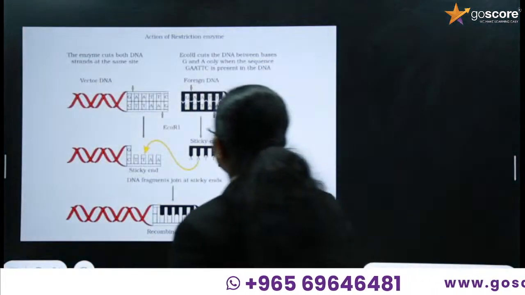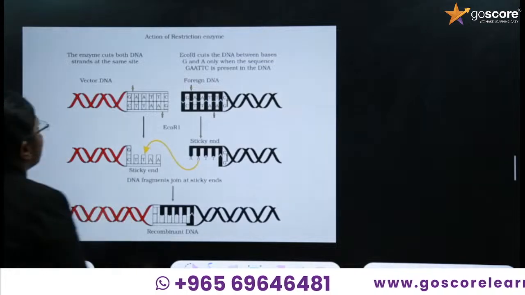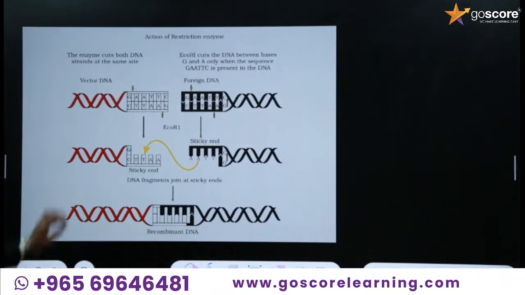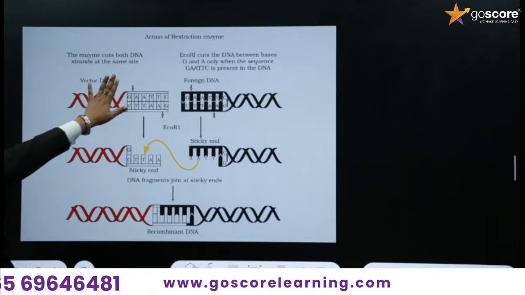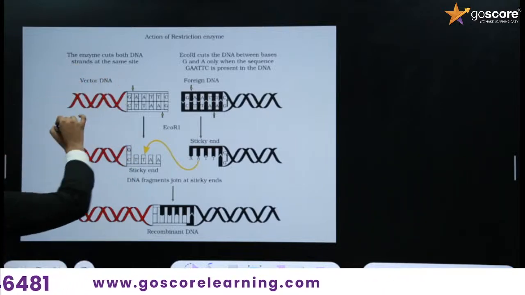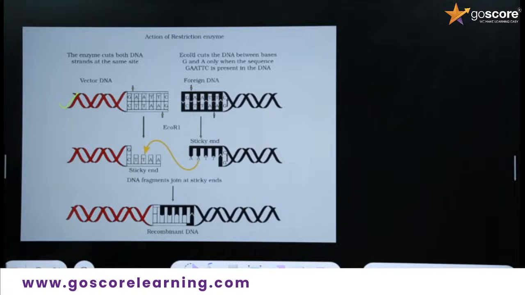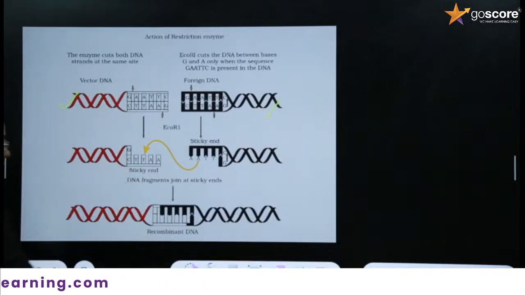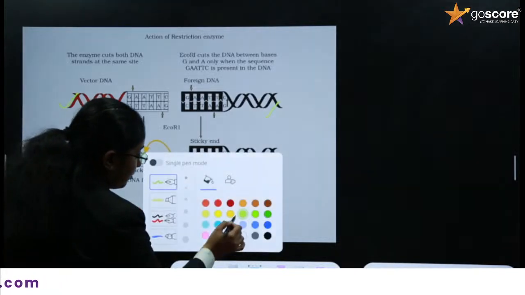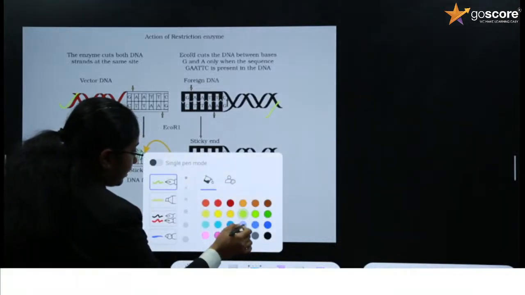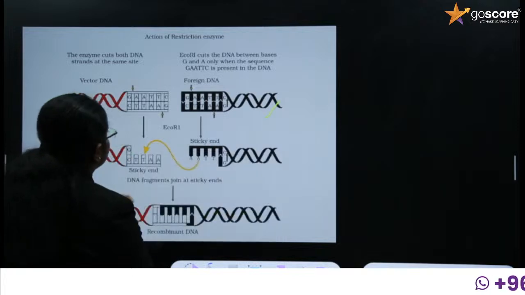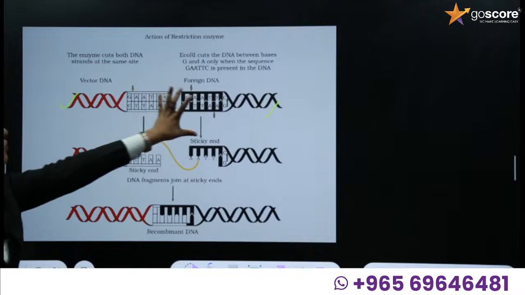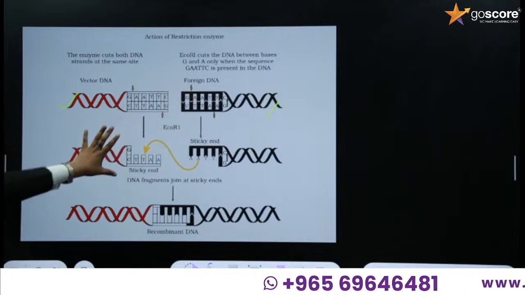See, this is the action of a restriction endonuclease. The enzyme cuts both the DNA strands. This is a vector DNA and this is a foreign DNA. So endonuclease has to act upon this particular gene, where the vector is present and the foreign DNA is also present.